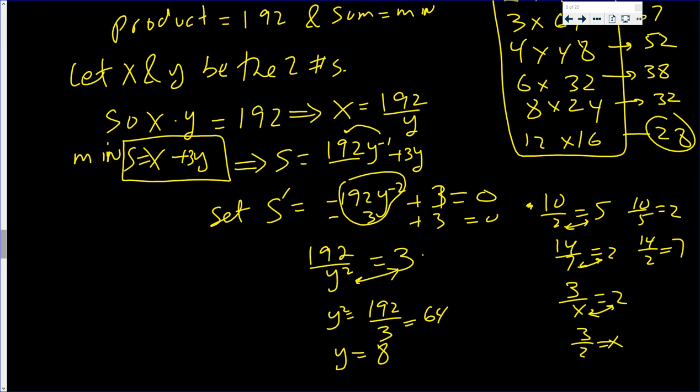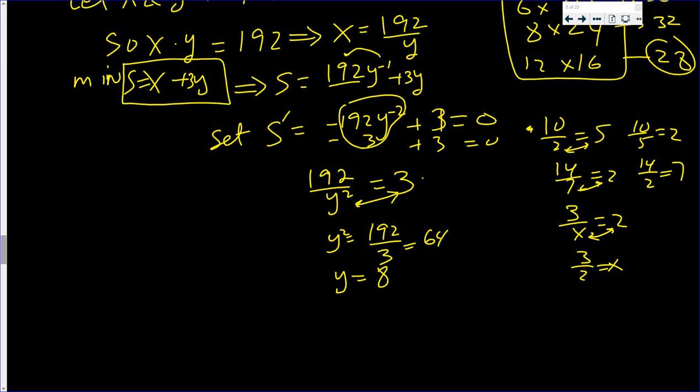Why don't I say plus or minus 8? Because they say that x and y are positive integers. Now, what is x? Right here, it says that x is 192 divided by 8. 8 goes into 19 2 times with 3 left over, and 8 goes into 32 24 times.